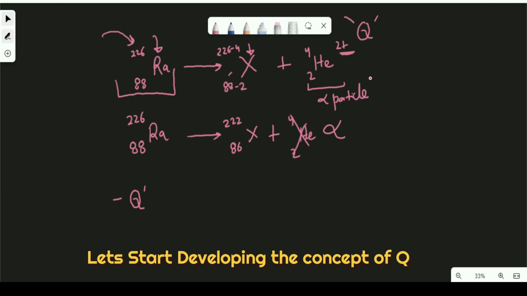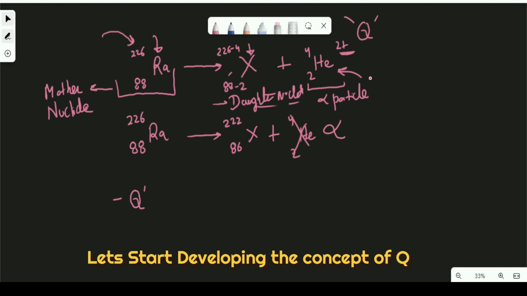Some call it a mother nuclei, the mother of all. So this is your mother nuclide, and then it produces a daughter nuclide, and these are the alpha particles that get released. So the mother nuclide gives you a daughter nuclide.